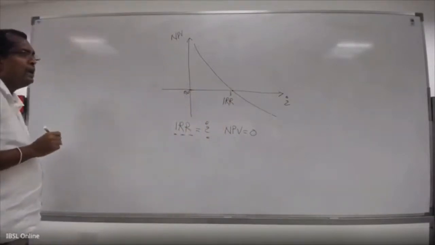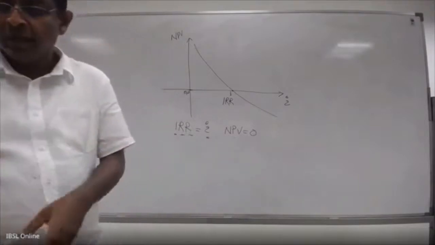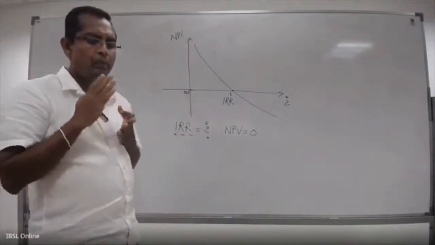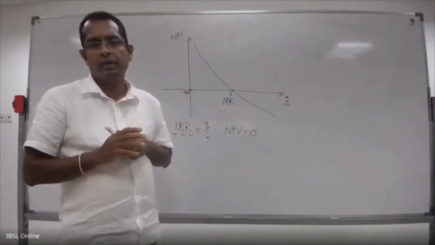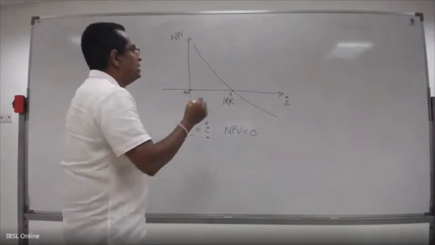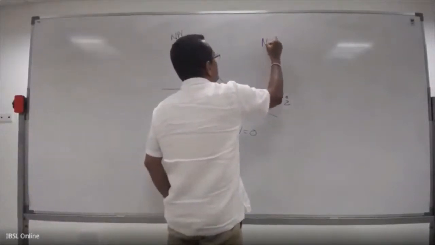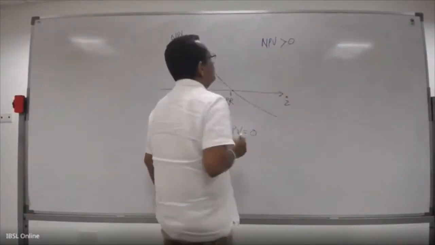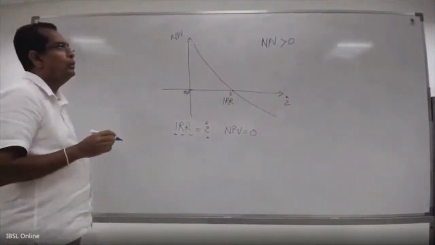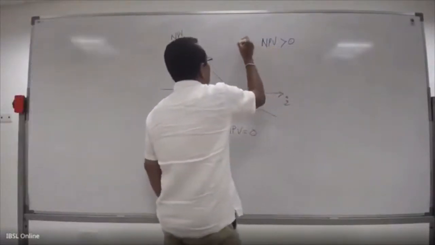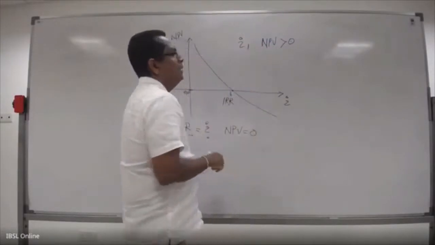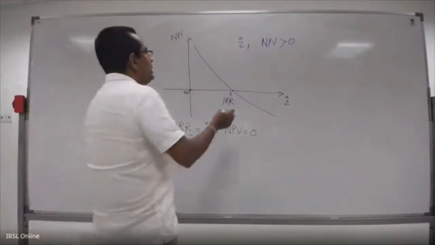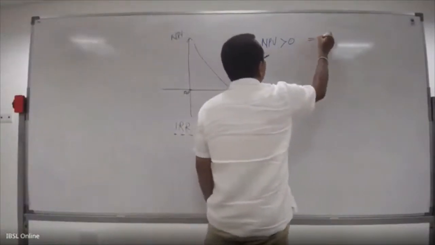In order to find this, you need to calculate NPV at minimum 2 or 3 times. I need the interest rate I1 where NPV is positive but near 0. We call it the positive value.